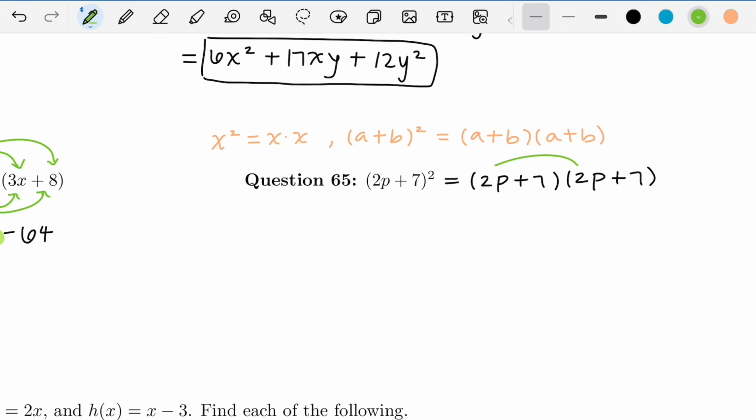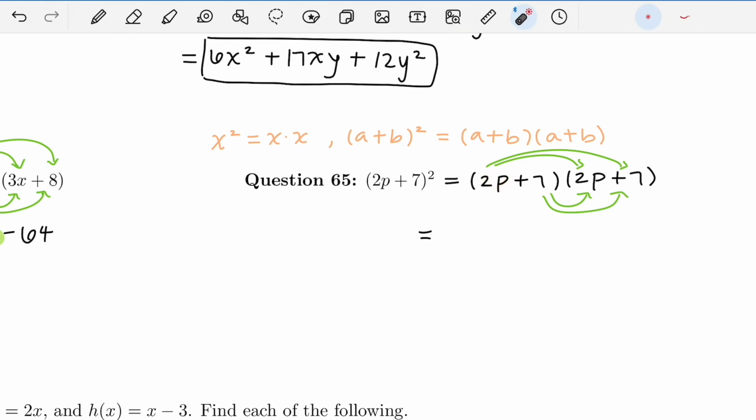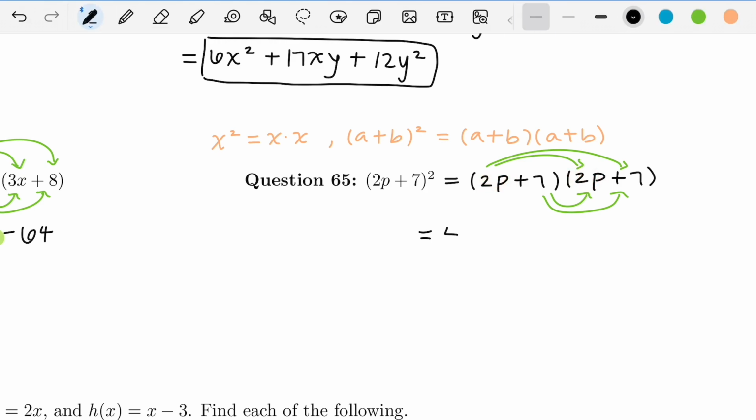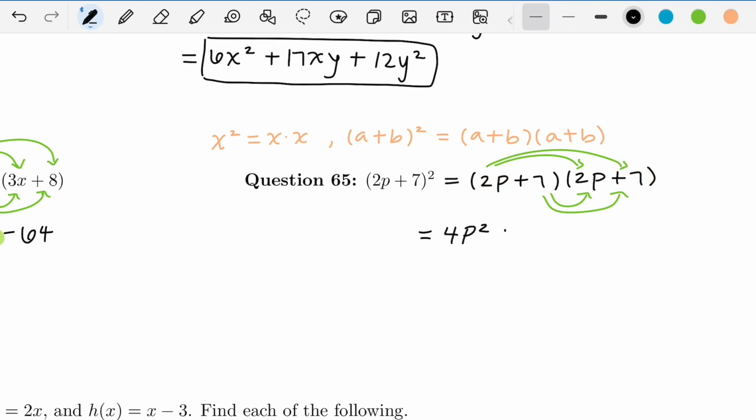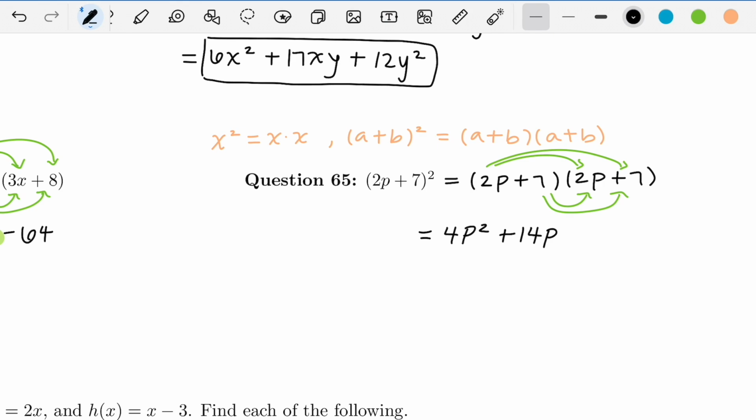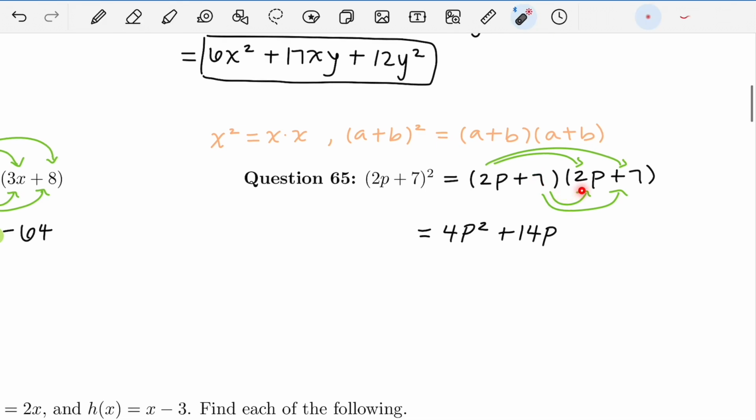So from here, we can use our FOIL method. So these guys are going to be multiplied. This will give us, our first term is going to be 2p times 2p. So this will be 4p squared. Our second term is 2p times 7. So this will be plus 14p. And our third term is again going to be 2p times 7.